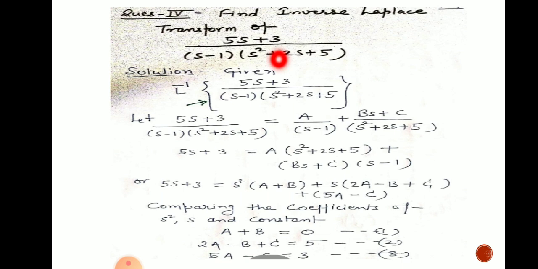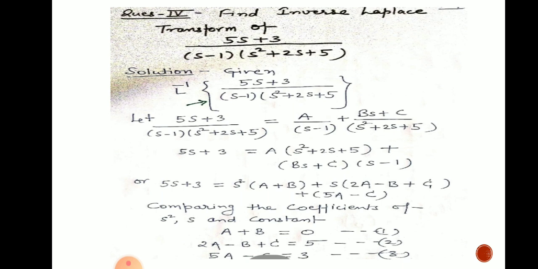The term (5s plus 3) upon (s minus 1)(s square plus 2s plus 5) can be written as A upon s minus 1 plus (Bs plus C) upon s square plus 2s plus 5. This is the property of partial fractions.